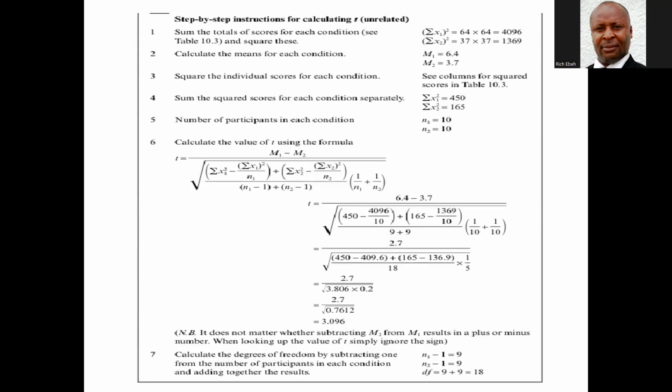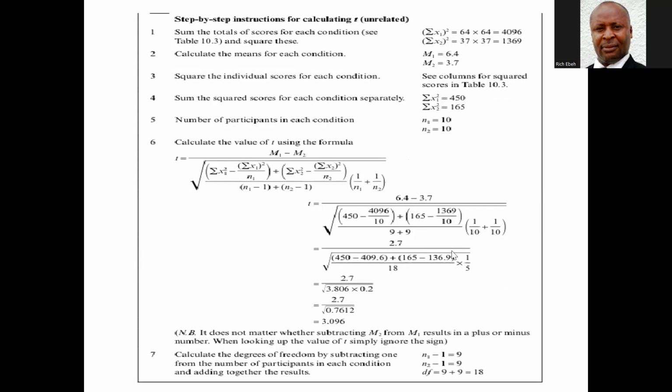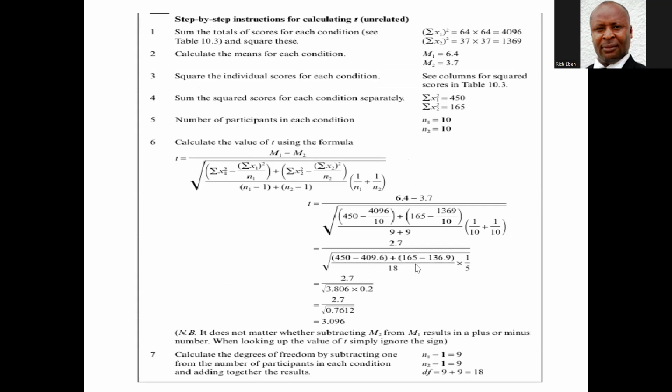Summation x2 square, that is this score, 165. So we have 165 minus summation x2 all squared. That is this score all squared, 37 times 37 will give us 1369, divided by 10.